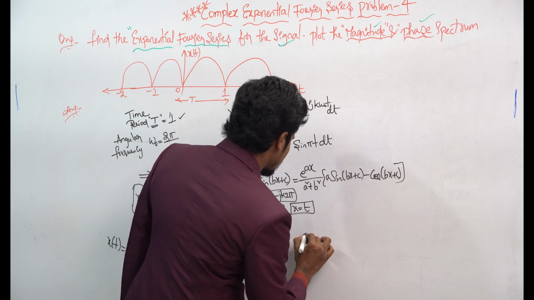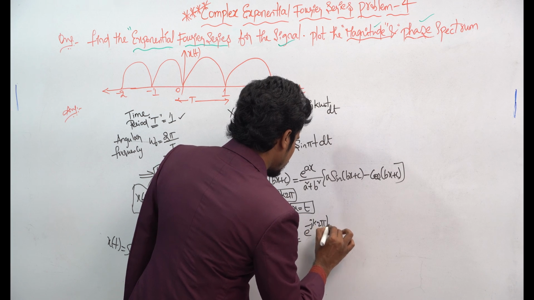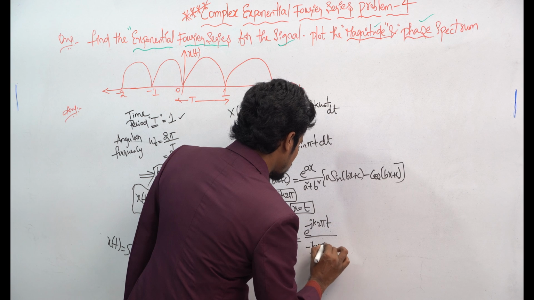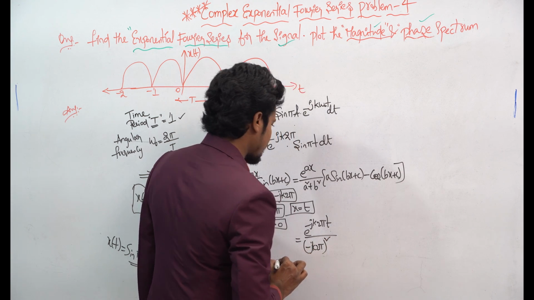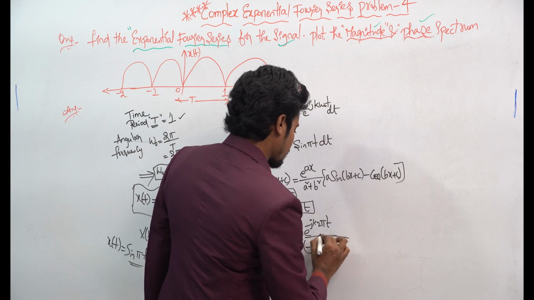Here it is e power minus jk 2 pi into t divided by minus jk into 2 pi whole square plus b square, b being pi square.